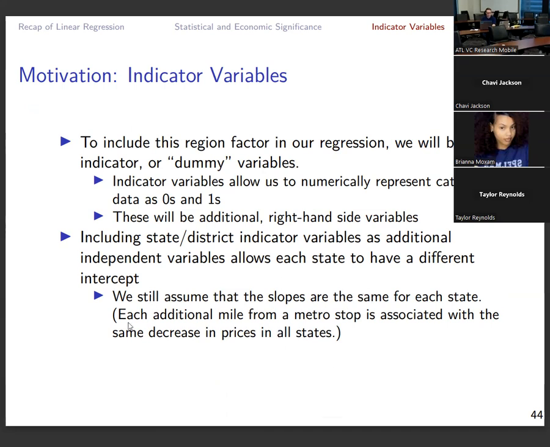Now, through this whole process, we are not allowing the relationship between price per square feet and the distance to a metro area to be different for the geographical location. We're just letting the average price per square feet be different based upon the geographical location of the property.